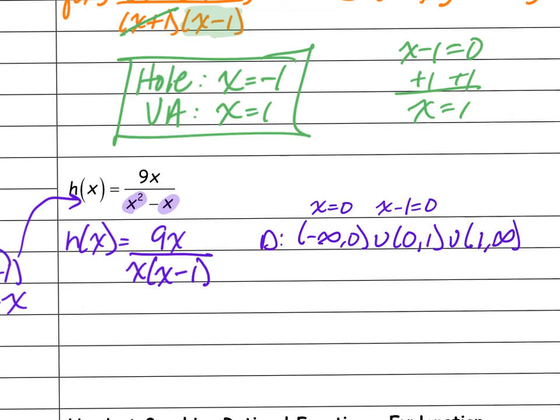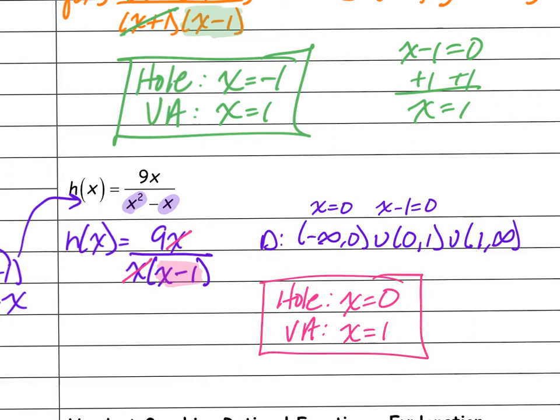Oh yeah, I really want to know, do I have any holes? Well, this x and this x go away. So that means I have a hole at x equals 0. And I have a vertical asymptote where this equals 0, and where that equals 0 is x equals 1.